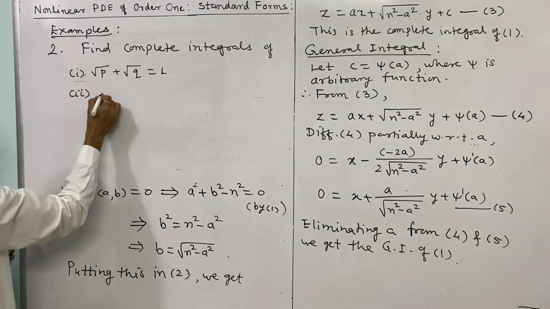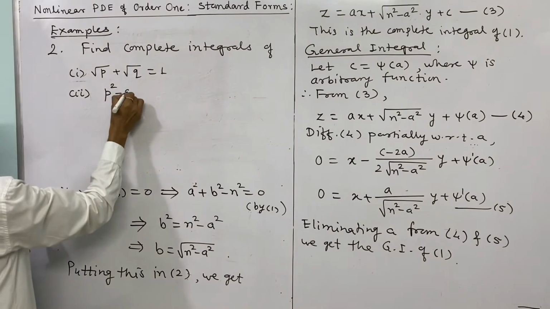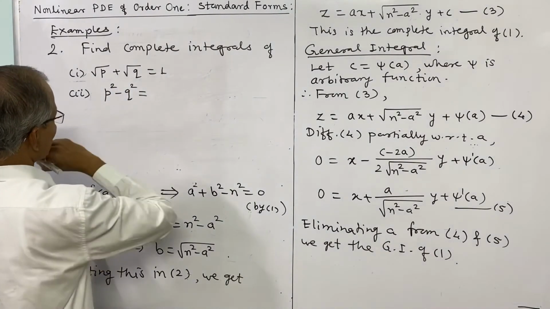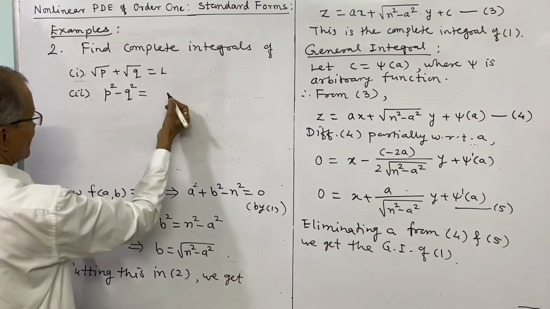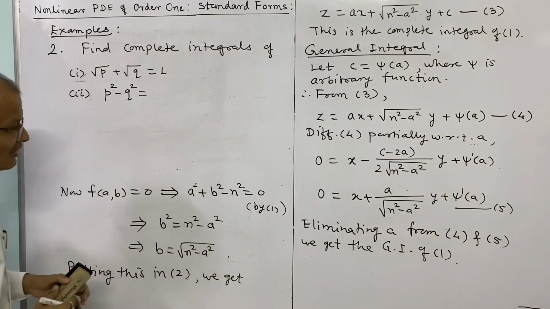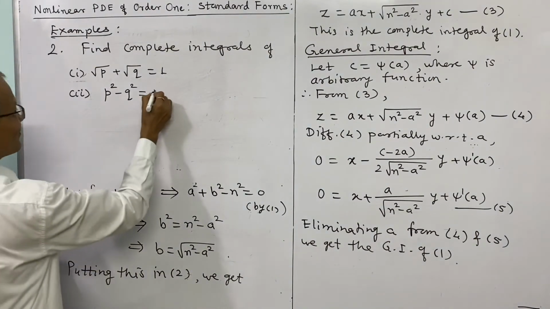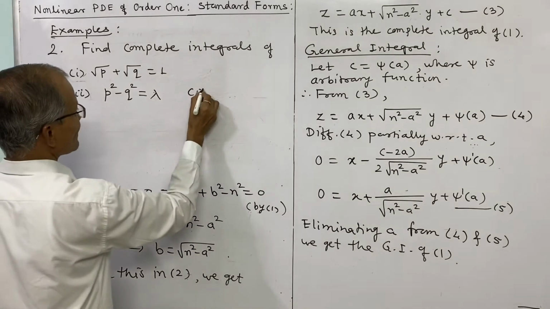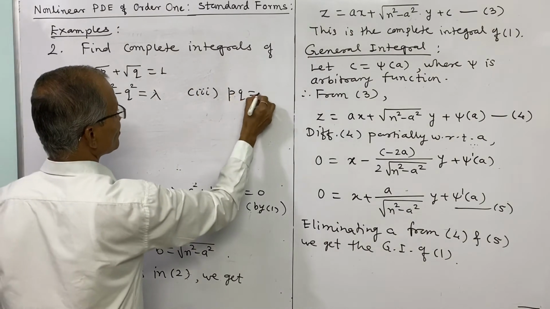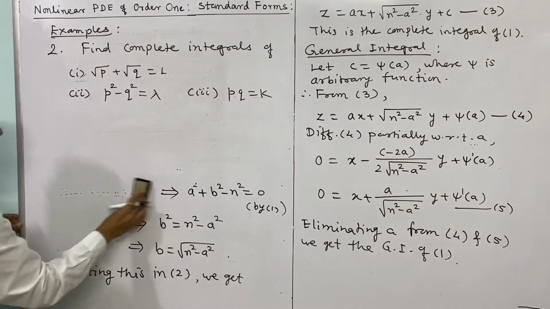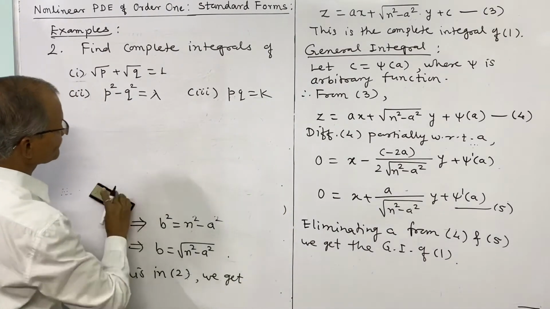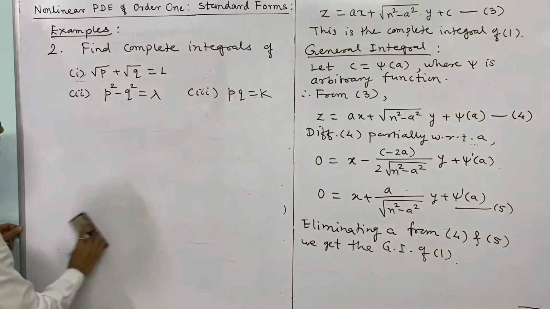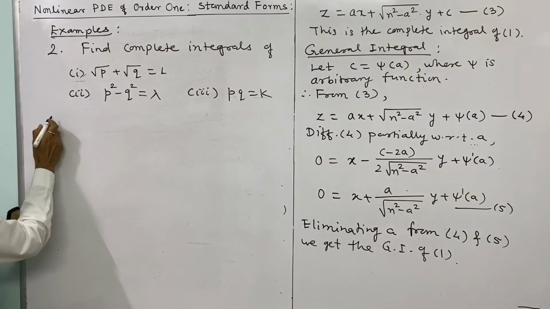Second, say p square minus q square is equal to n, or that can be considered as, since we have just now considered n square, lambda p square minus q square. And the third one is p into q is equal to k. We'll have these one by one. Solution for 1.